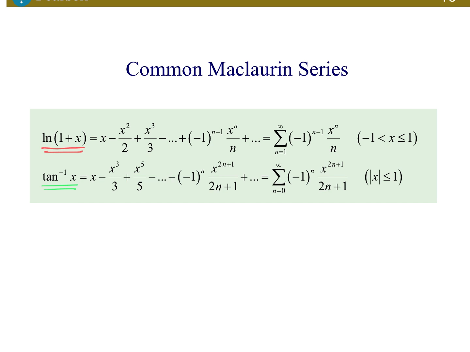These are less common, but I just wanted you to see them. They will show up every once in a while. The only difference here is that we're leaving off the factorials. They both start with x, they both alternate. But the tangent one is odd terms or odd powers only, whereas the ln is all powers.